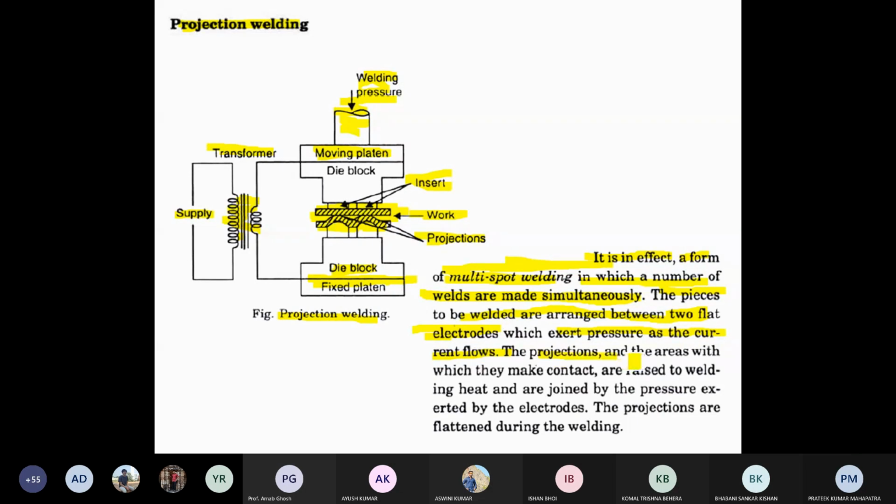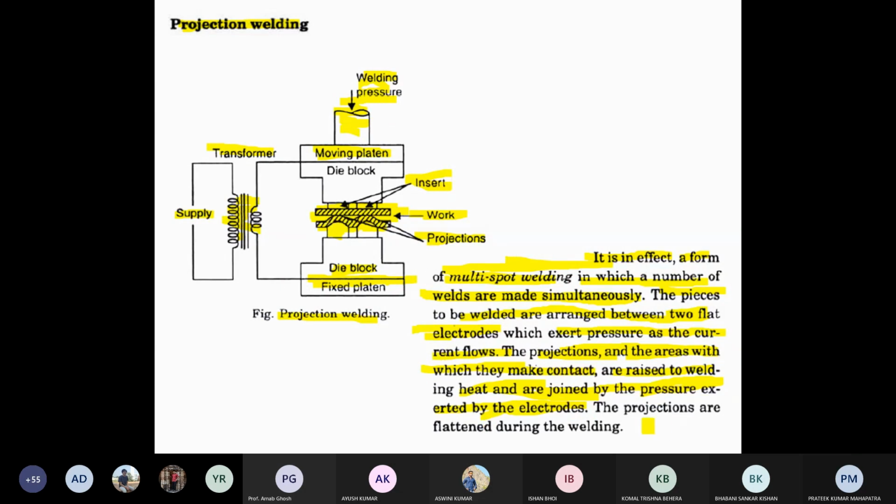The projections are the areas with which they make contact, where welding heat rises, and they are joined by the pressure exerted by the electrodes. The pressure is exerted on the electrodes.